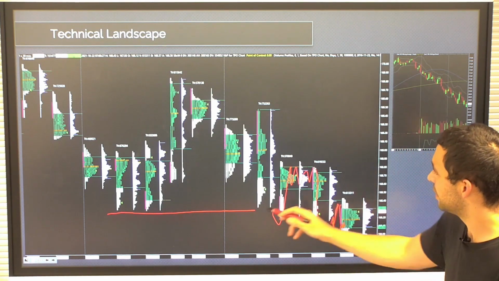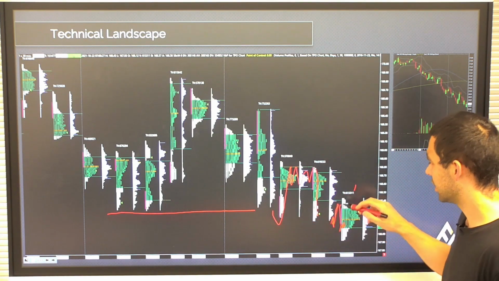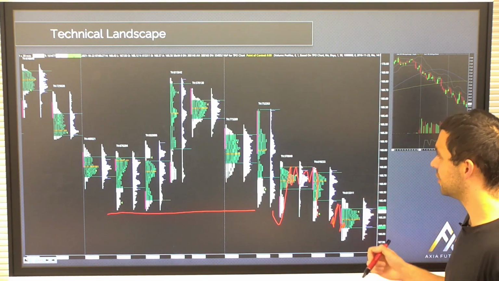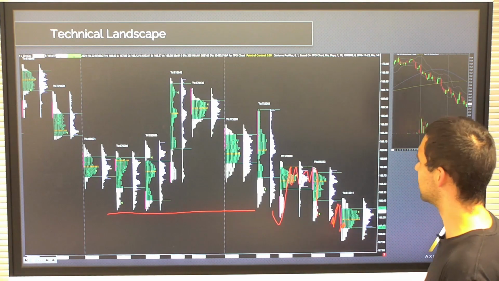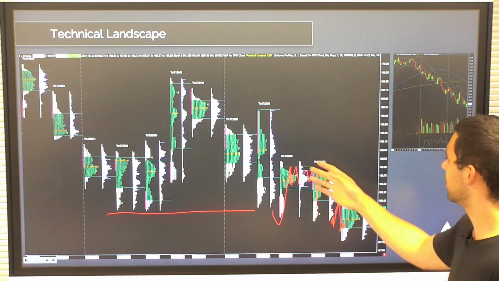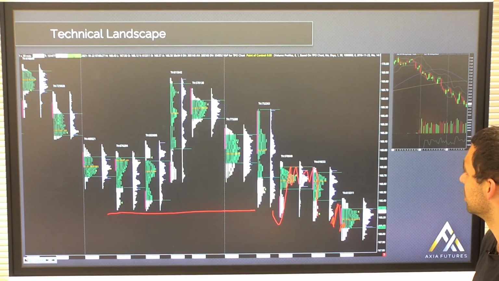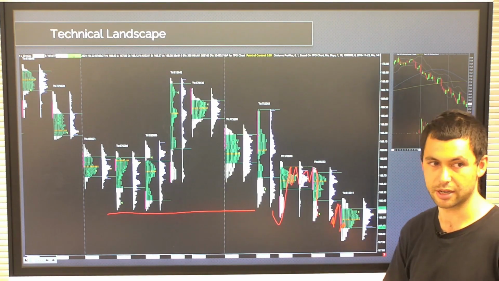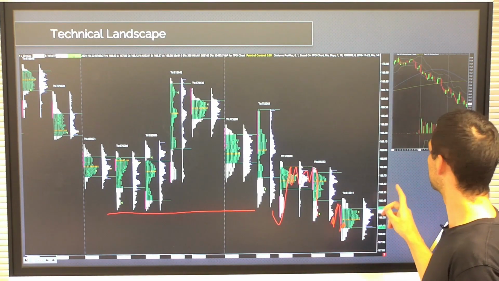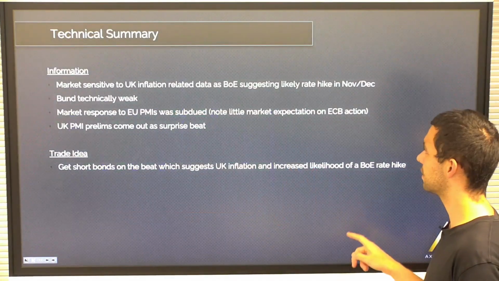That rejection of back in the range above, and then the market coming back down, was a sign that I could play for a continuation to the downside of the auction, even though the structure was quite ugly in terms of the profile shape and the volumes. It still said that the market was bearish, so that was what I wanted to see to get short.